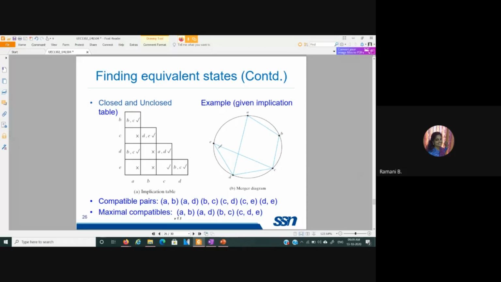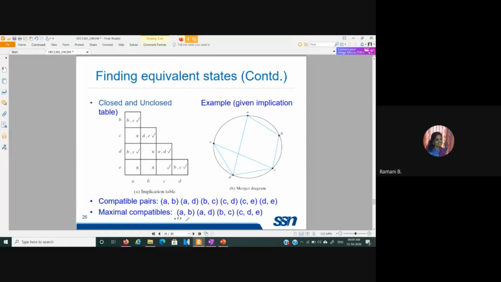Looking for shapes, you can find that you have C, D, E as a triangle, and A, B, C, and D as a four-sided figure. However, here the diagonals are not connected, so you cannot consider A, B, C, and D combined as a maximal compatible.